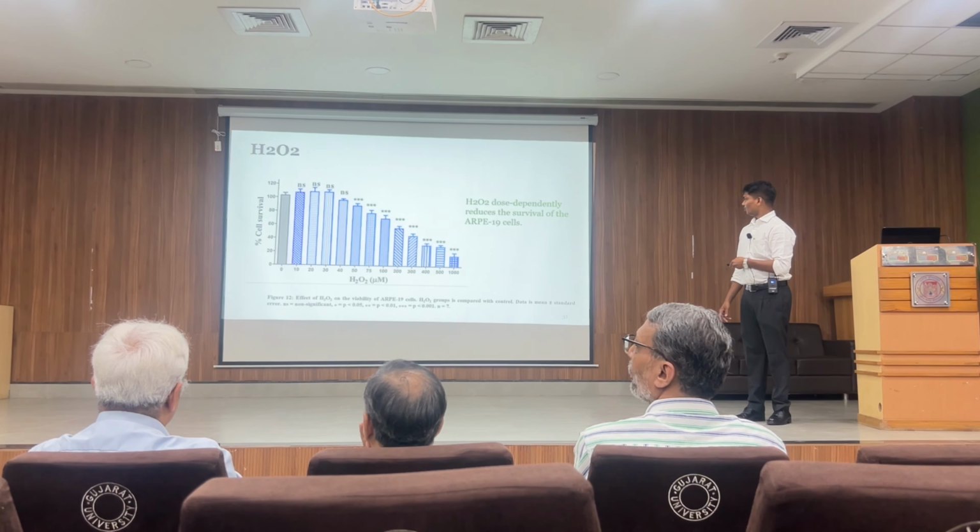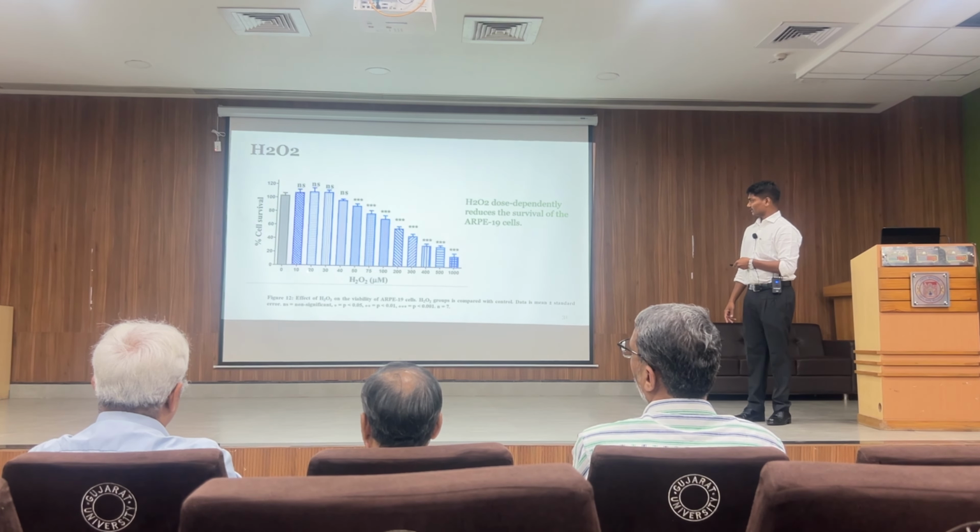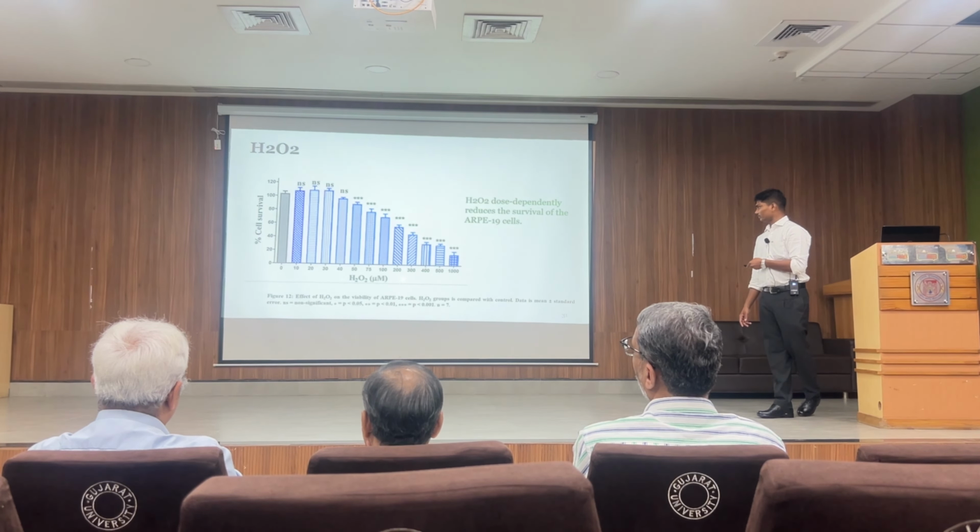In this picture we can see the cell survival condition. From the graph we can see that as the concentration of hydrogen peroxide increases, the cell survival decreases, because it is a stress-inducing substance.